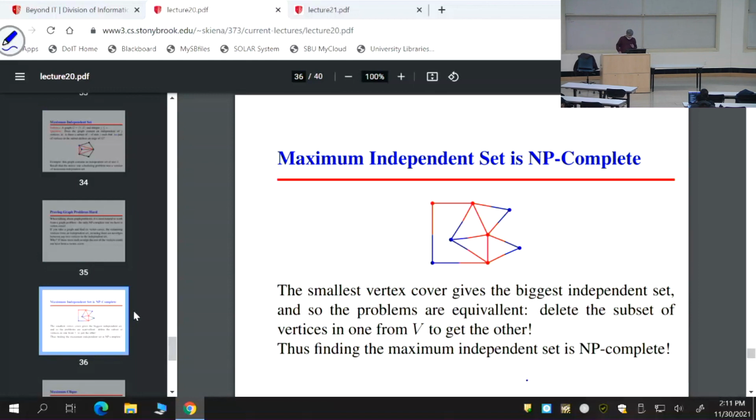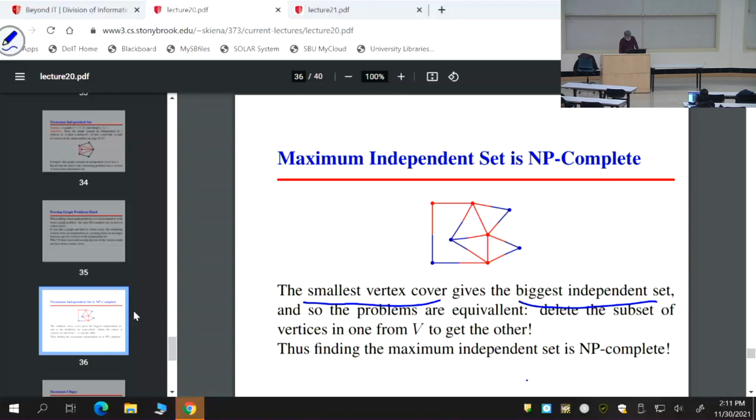The claim here is that if you give me a vertex cover and you delete it, you get an independent set. Okay? If you give me an independent set and you delete it, you get a vertex cover. Okay? So finding the smallest vertex cover is the same thing as finding the biggest independent set.